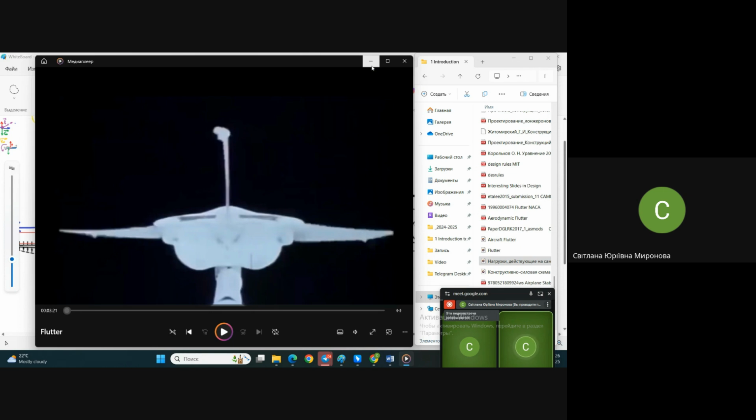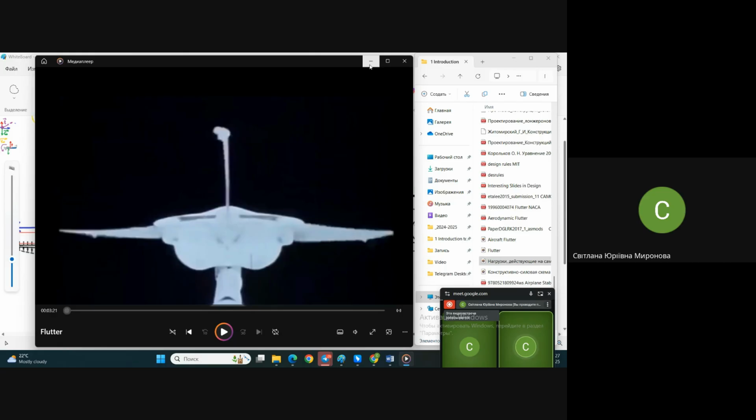Of course, they are overweight, but if the airplane may encounter the problem of flutter in flight, it's safer and more rational to overweight the structure and deal with extra expense in each flight than to risk human life, the pilot's life, not even the airplane. An airplane is just money and time for its construction. Yes, it comes to billions of dollars, but it's just a piece of metal, very expensive, but a piece of metal, in contrast to human lives.